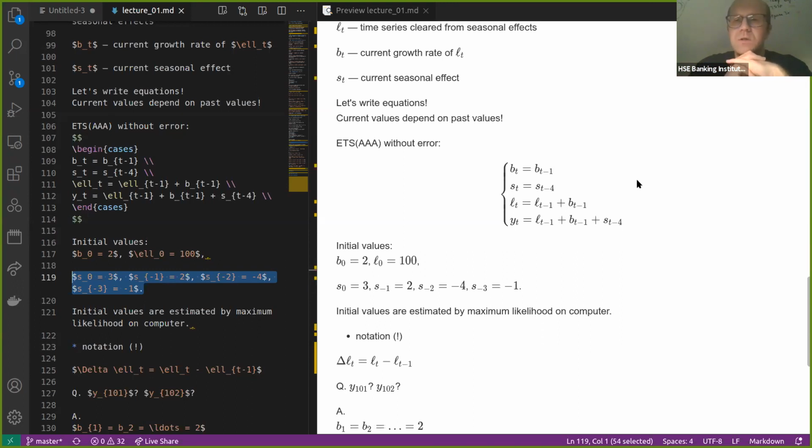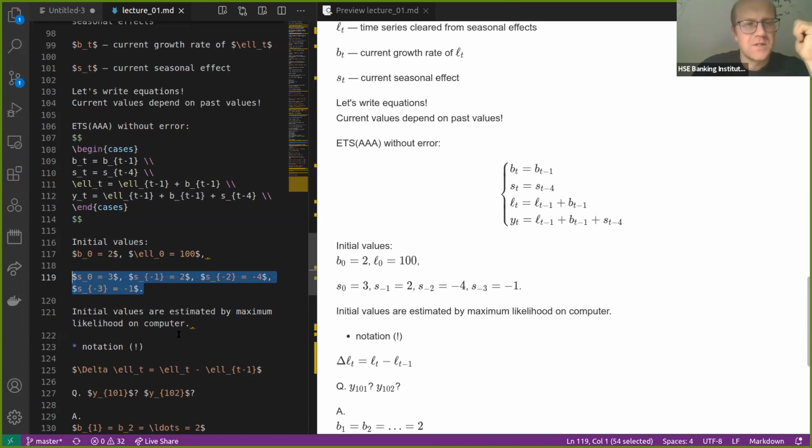Exactly, the sum of initial S should be 0.